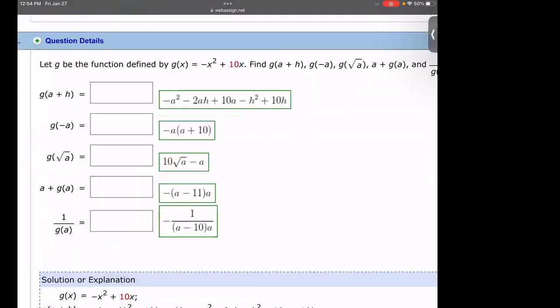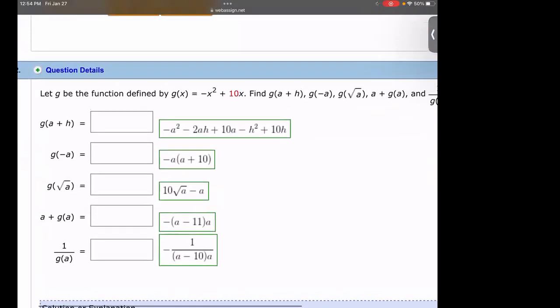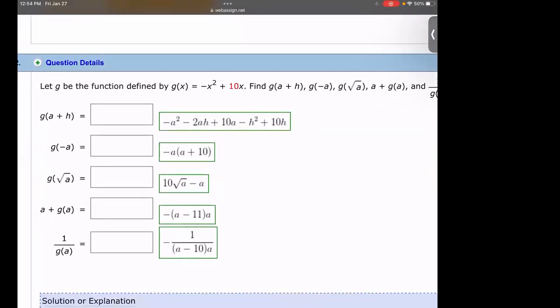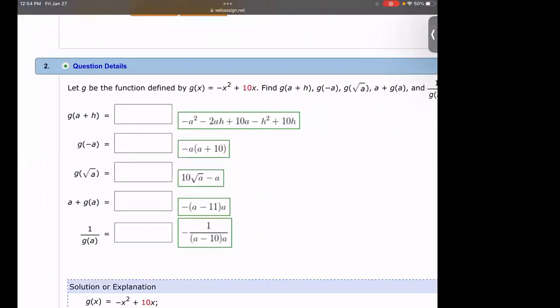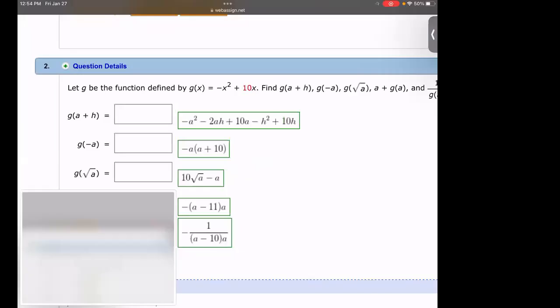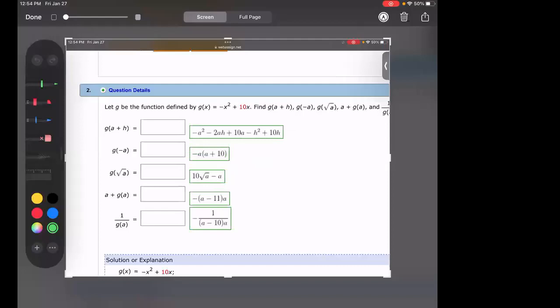So A plus G of A. A is just a number, just a letter, and then you add the function. First, you're going to find G of A. What's G of A?